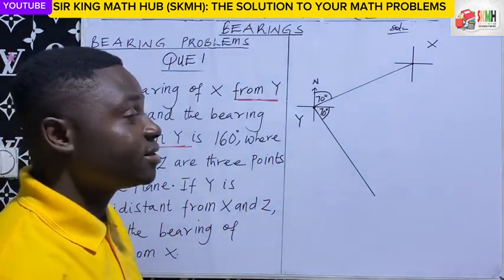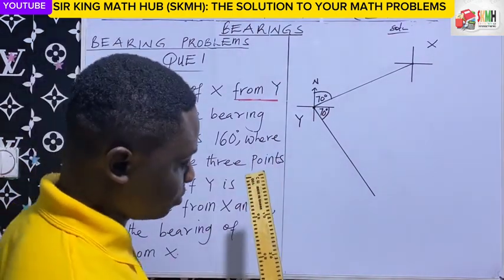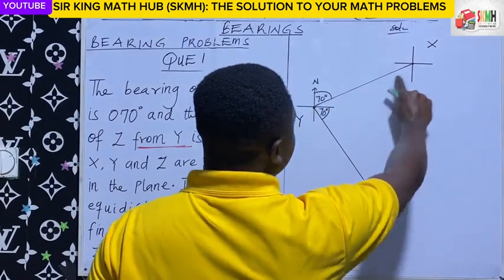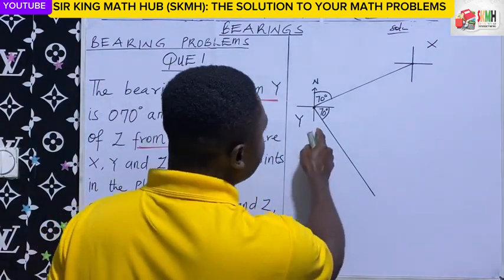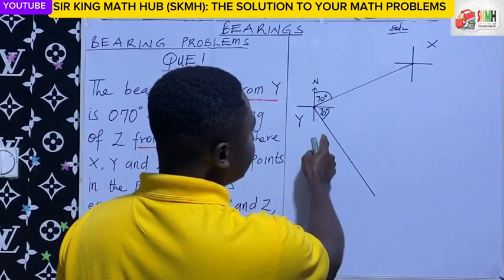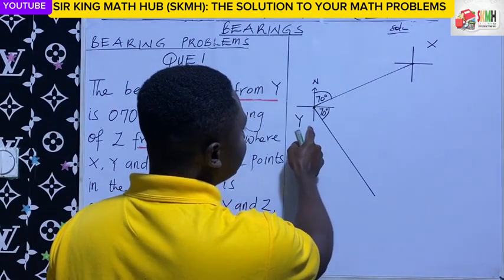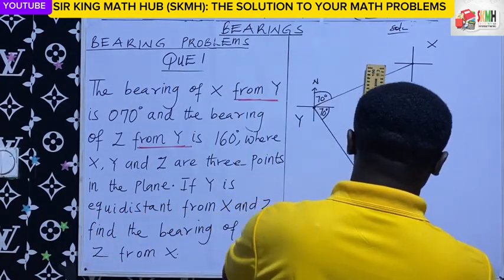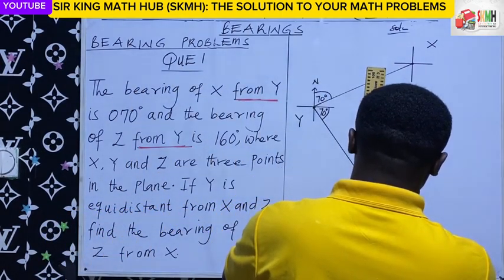Now, in my case, I used 30 centimeters for the length of this line. And again, I also used the same length, 30 centimeters, for the distance between y and z. So now this point here will be z.